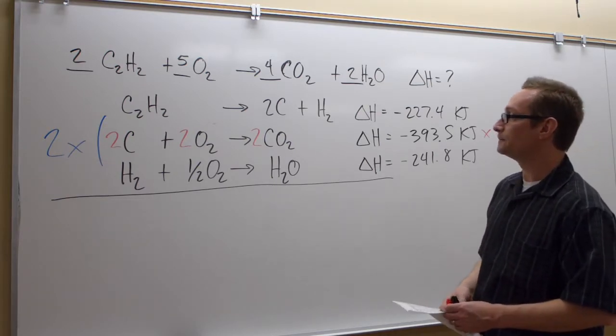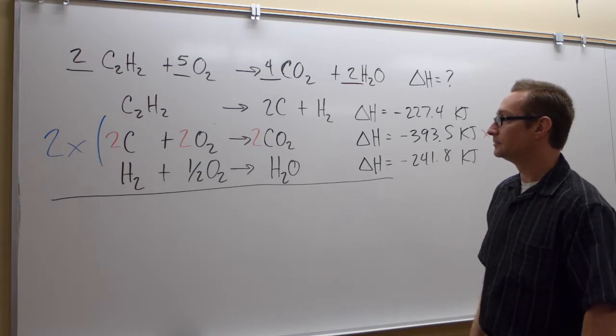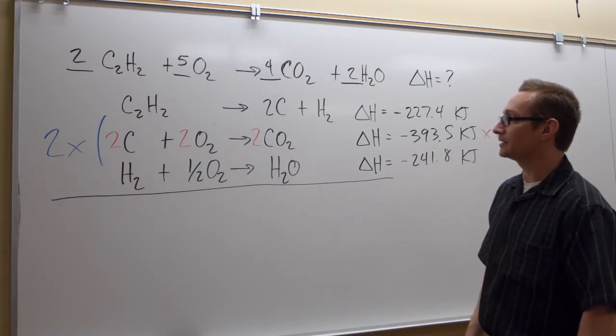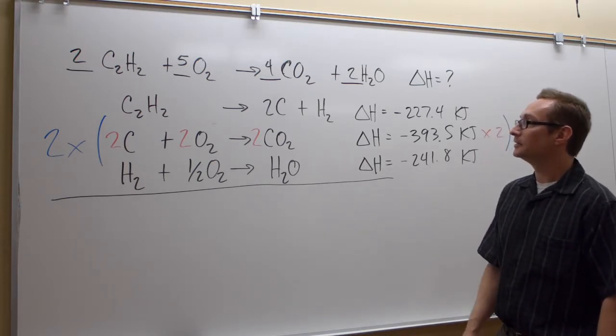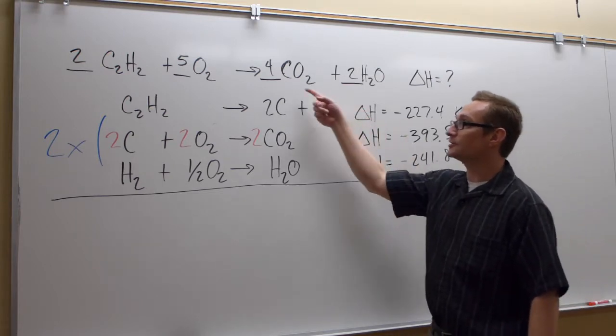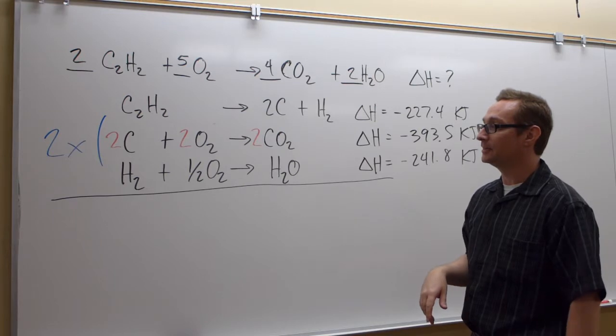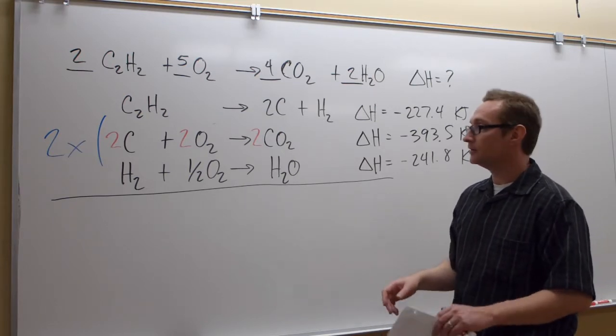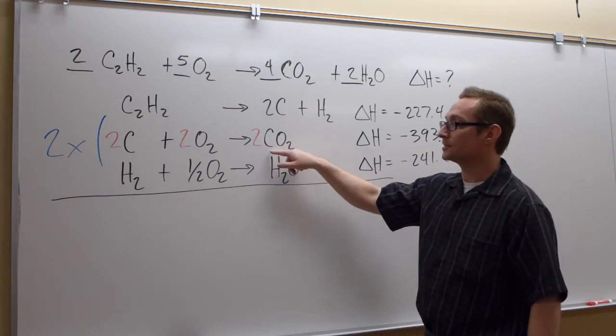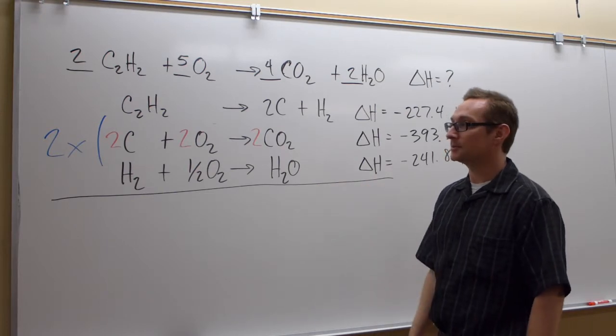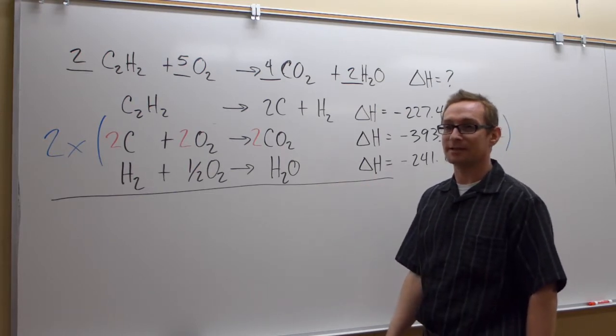So at that point, can we quite get this? How many CO2s do we have in this reaction? We have 4, right? So actually, we need to get 4 CO2s in our products. So is multiplying by 2 going to get us there?